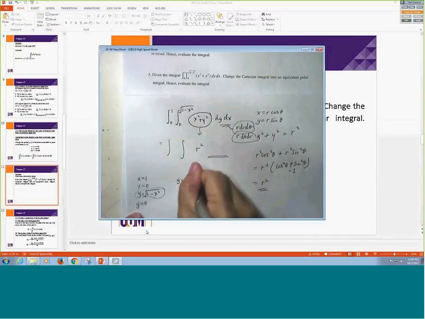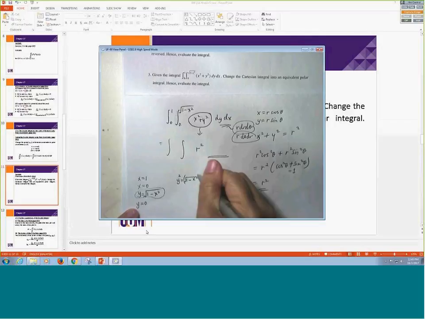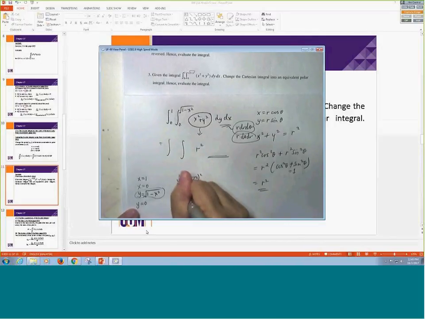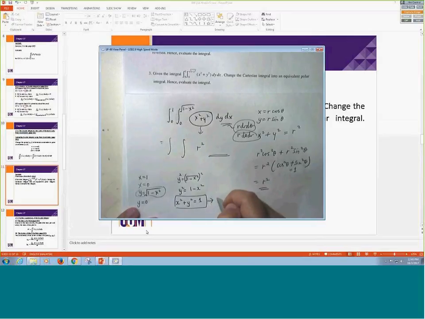To eliminate the square root, I need to square both sides. Then I get y squared equals 1 minus x squared, and when I move the x squared over, x squared plus y squared equals 1. This is the formula for the circle with radius 1.